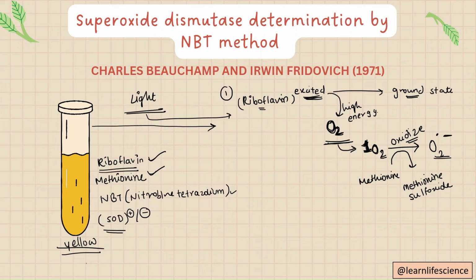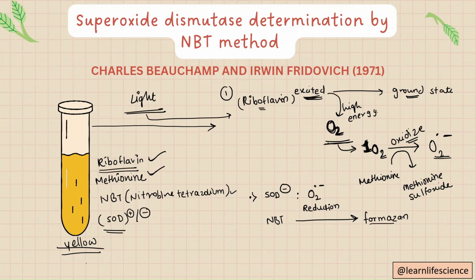Now there will be two conditions. First, if superoxide dismutase is not present in the reaction mixture, the superoxide radicals that are generated are simply going to carry out the reduction of NBT to formazan.